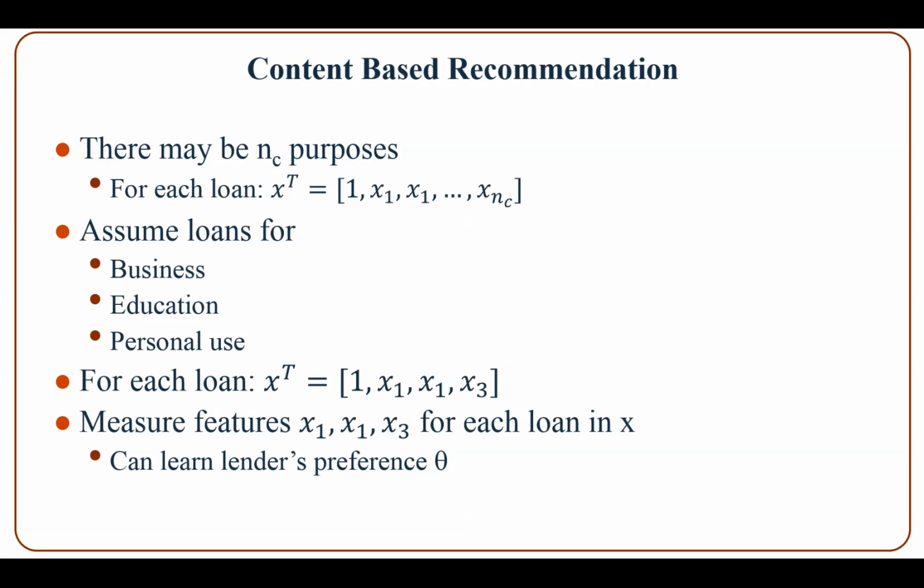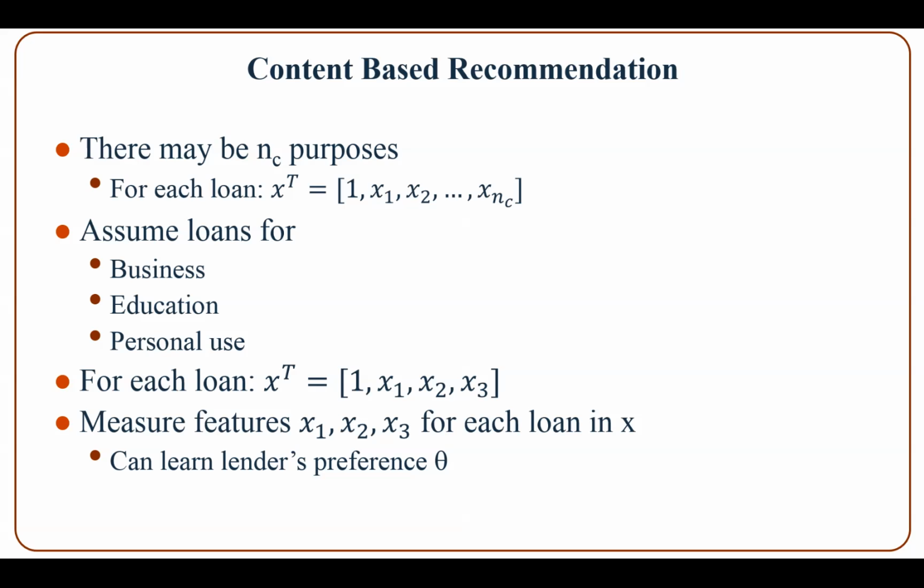Let's assume further that there may be NC purposes. So for each loan, there is a vector containing x1, x2, etc. up to xnc. And here I've just corrected several typos. So in the vector x, there should be 1, x1, x2 up to xnc, not x1 and x1.